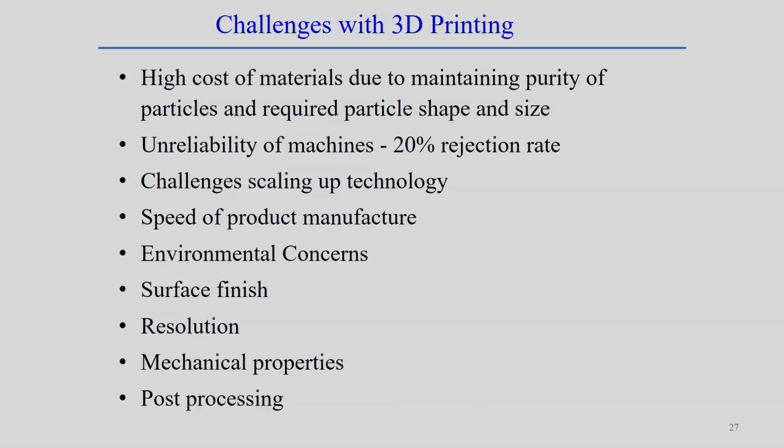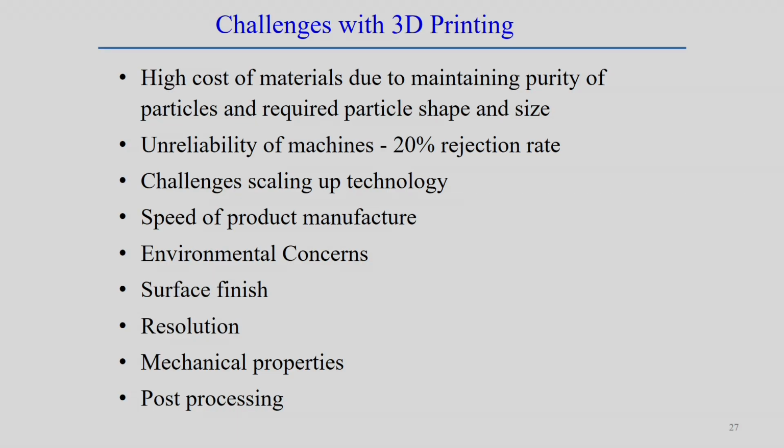Surface finish is one aspect. Surface finish depends on the process parameters and the particle size we are using, and if you try to reduce the size of the particles, then the cost of manufacturing the powder particles will increase.